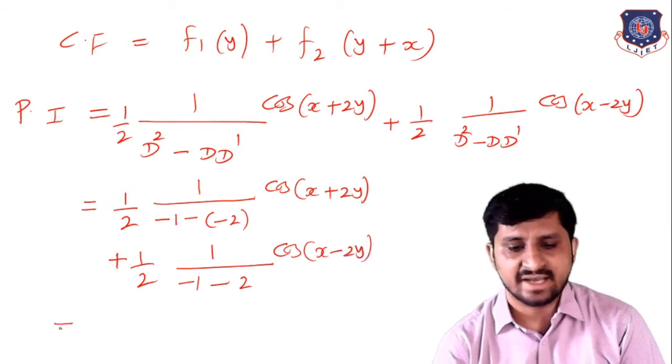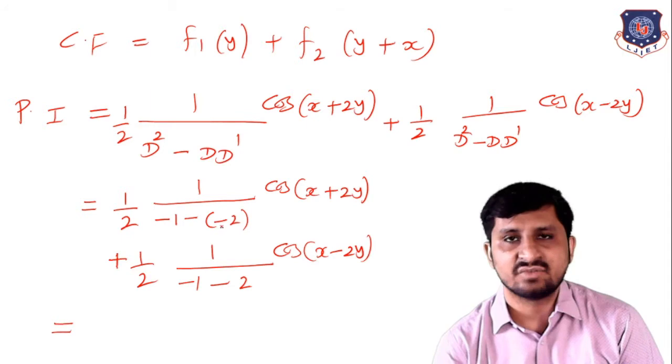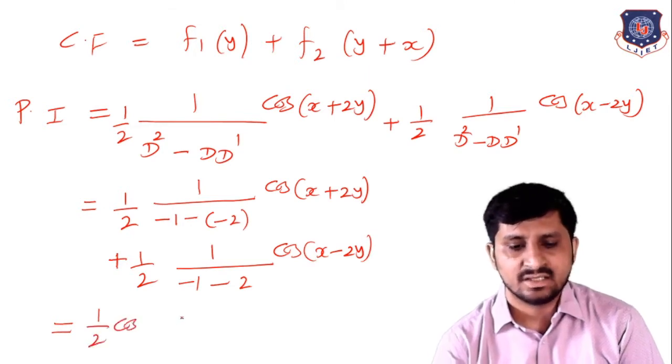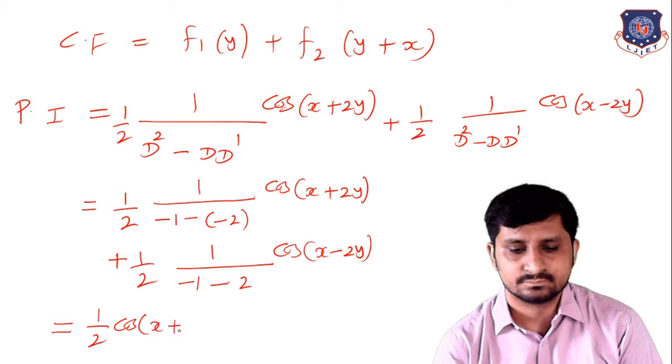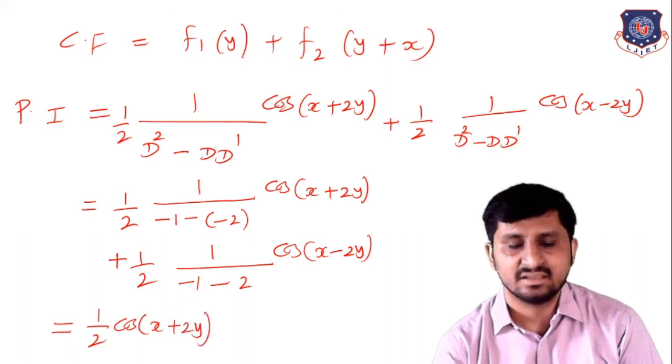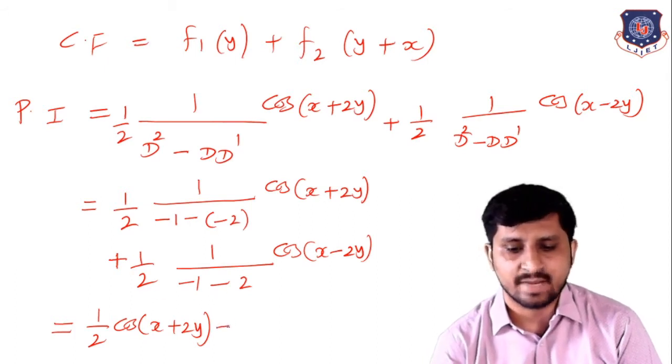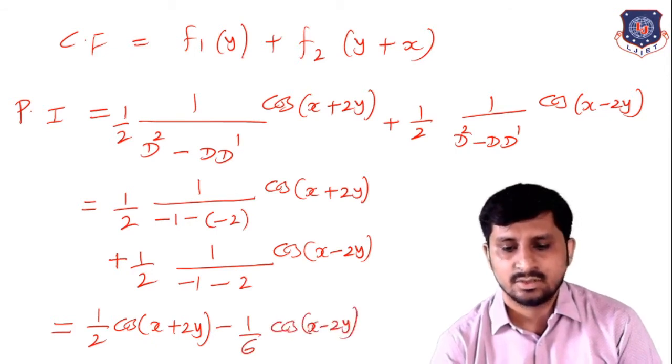So the final answer is 1 by 2 cos(x + 2y), and for this term the denominator is minus 3, so minus 3 into 2, that is minus 6: minus 1 by 6 cos(x minus 2y).